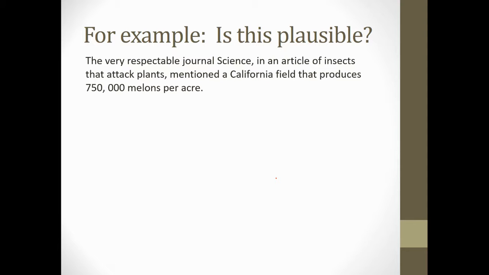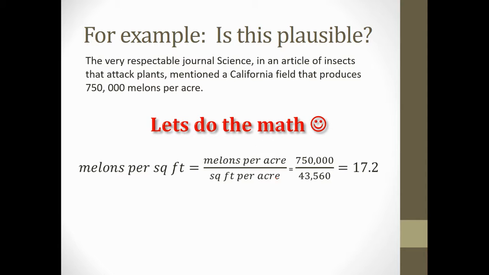A very respectable science journal, in an article on insects that attack plants, mentioned California fields that produce 750,000 melons per acre. Wow, that's a lot of melons. Okay, but I don't really know much about an acre. So let's do some math. If I look at melons per square foot, it will be melons per acre divided by square feet per acre.